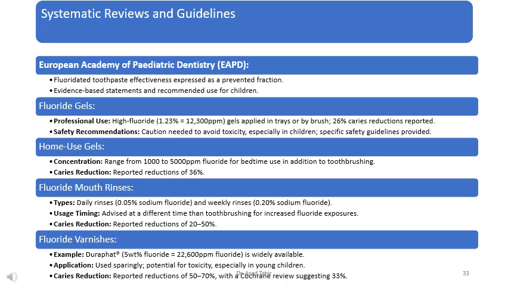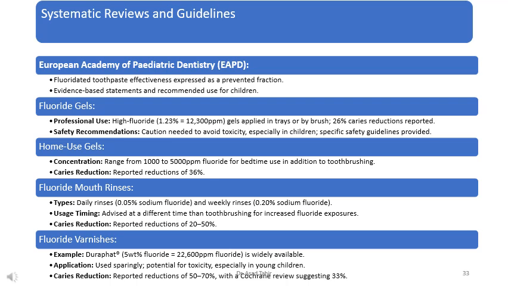Systematic reviews and guidelines for fluoride products. European Academy of Pediatric Dentistry, EAPD. Fluoridated toothpaste, EAPD measures its effectiveness in preventing cavities. They provide evidence-based statements and recommendations for children's use. Fluoride gel.